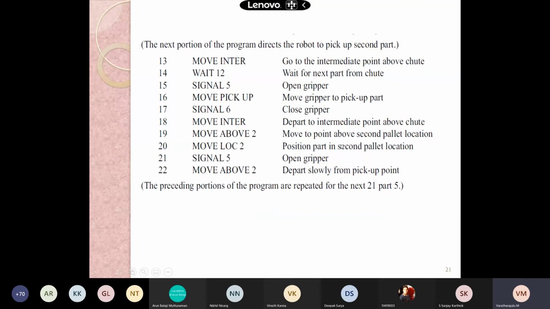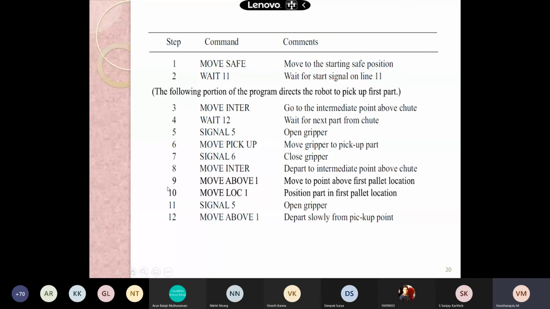Similarly, to pick up the second part, we need to add 1 prior to these numbers. Here we need to convert into 2 0, 2 1 and 2 2. See 3 4 5 6 7 8 9 10 11 12, the same numbers, that is 13 14 15 till 19, then 20 21 22, which is used to pick up the second part.